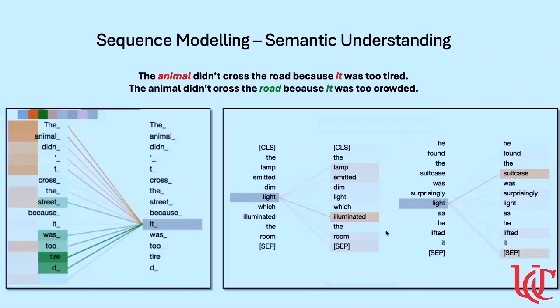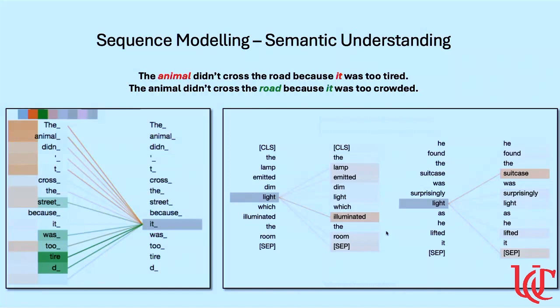If you look at how the transformer architecture works, it is able to establish where the animal is associated with "it" and where the road is associated with "it". So if you feed this sentence into a transformer model, it will correlate animal with "it" in the first sentence, and road with "it" in the second sentence.